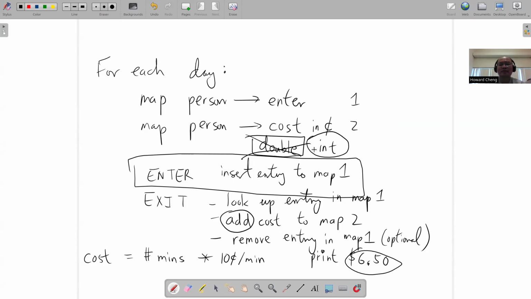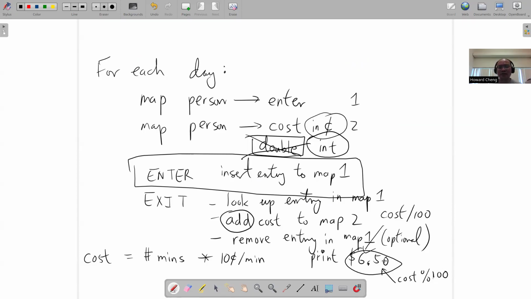So it's better to store it as an integer in cents, because that way you have no rounding error. Then when you print it out, the dollars would be the cost divided by 100, and the cents would be the cost remainder 100.